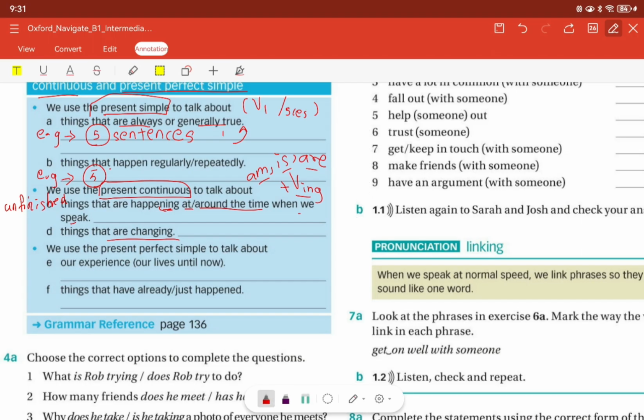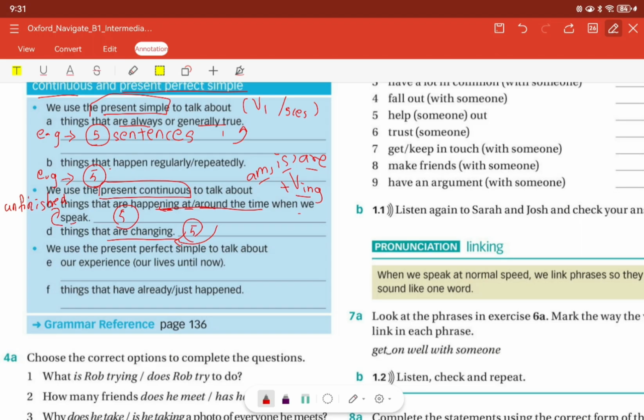So I want you to give 5 example sentences for this rule. Make sure you use it correctly, with the reason why we are using this.